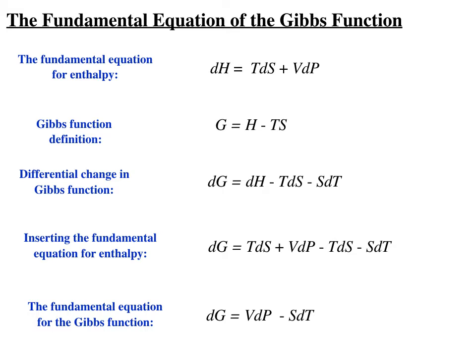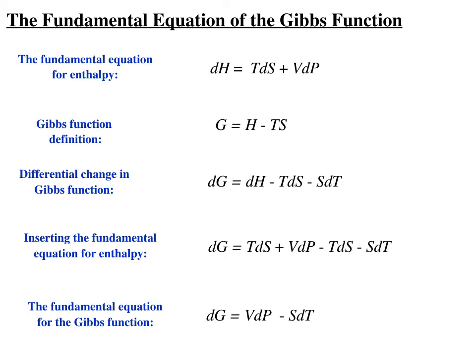Let's introduce the combination thermodynamic law into our friend the Gibbs function. Here we will begin with the combination law as it applies to the enthalpy, dH equals TdS plus VdP.